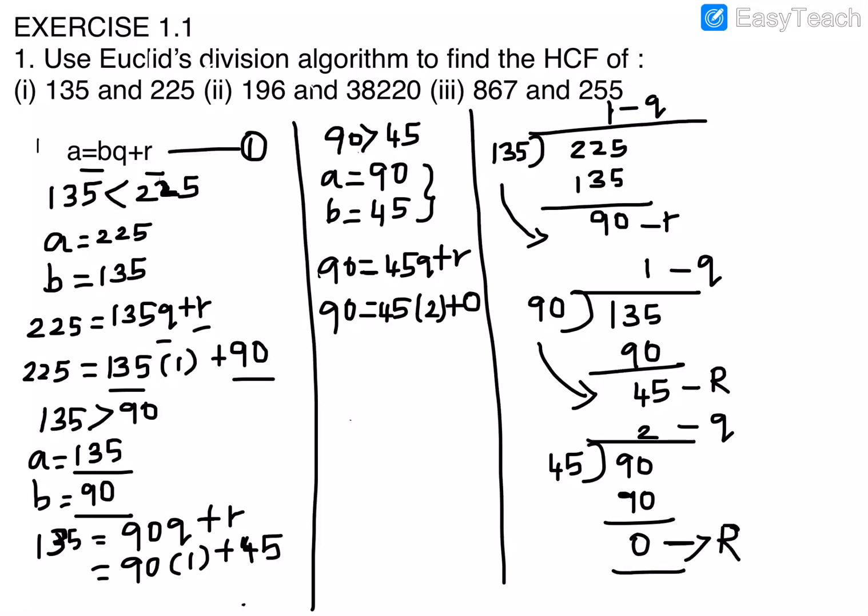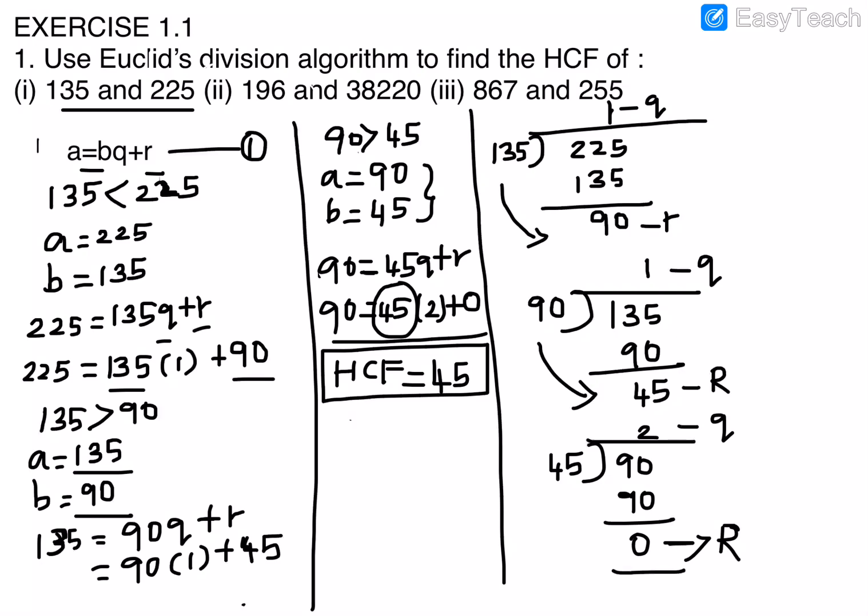We cannot continue the division algorithm further. So in this stage we are going to write the HCF of these two numbers. Look at the last step. The divisor is the HCF of these two numbers. Here in this case we got 45, so 45 is the HCF.